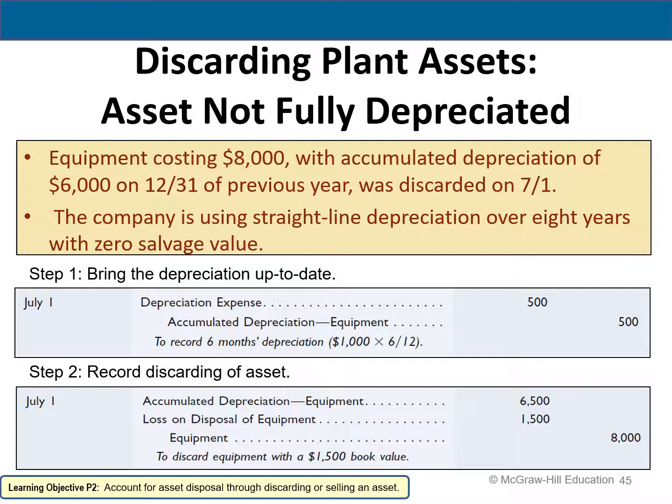Then when we dispose of it, we're going to remove our accumulated depreciation from our books, so we do that with a debit. You have your $6,000 balance at 12/31 plus the $500 you recorded. You need to remove the equipment from your books, so we do that with a credit. And the difference to make your debits equal your credits, or your plug, is $1,500. And that's a loss on the disposal. Okay?